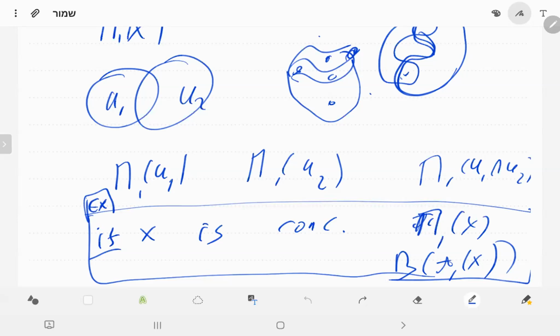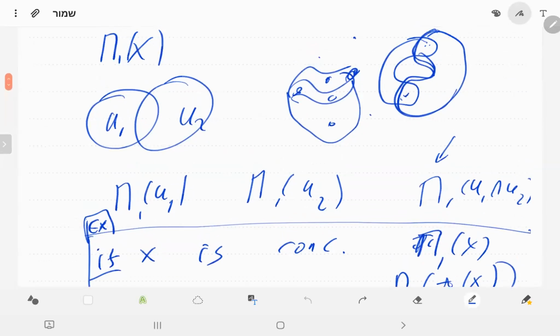Once you believe this exercise, you see that there is not too much difference between capital pi1 and little pi1. And you remember we talked about pushouts of groupoids, and we said that if it is BG, then it's a kind of simple object, but for a general groupoid, it's a bit cryptic.